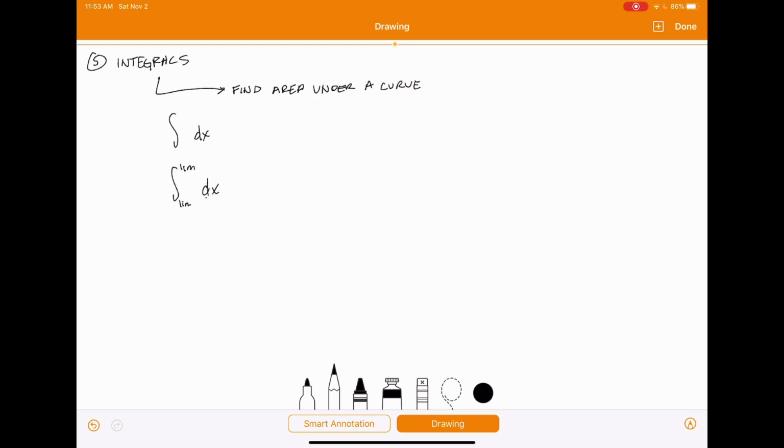All right, so if we have the equation y equals x squared minus 3x plus 4, if we found the indefinite integral of that with respect to x, you're just going to undo what we were doing in the derivatives.